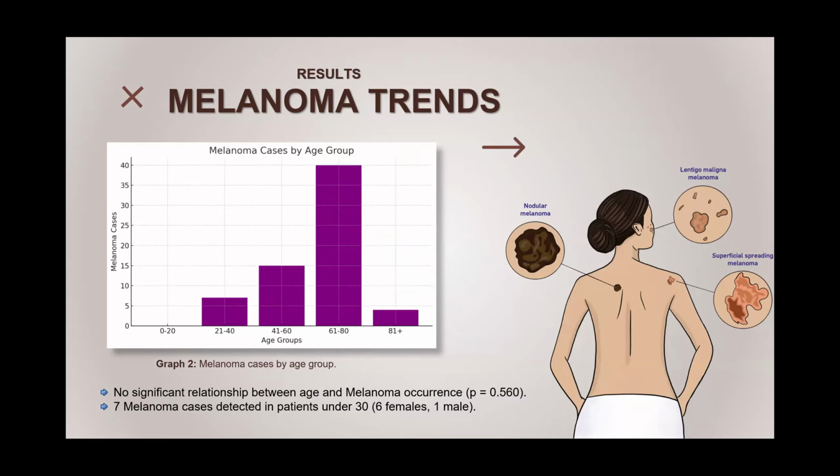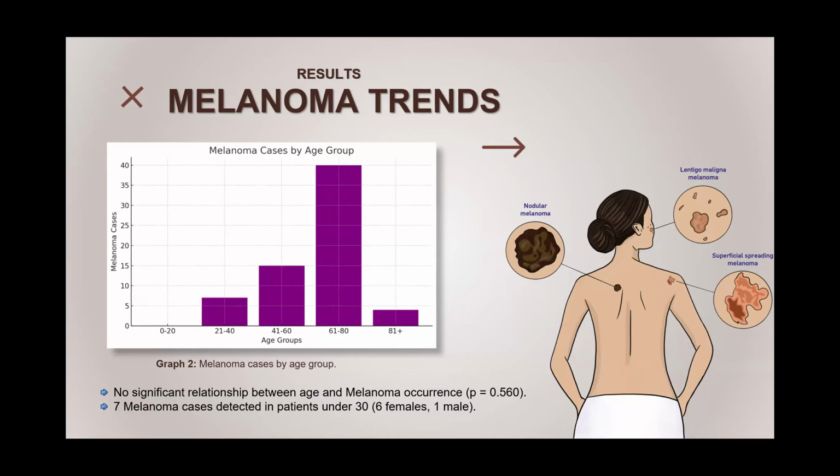Melanoma cases in the first period, 2009-2010, belong to the age group 61 to 80 years old, while in the second period, 2022-2024, there were 27 cases in the age group 21 to 40, of which 6 were females and 1 male younger than 30 years old.